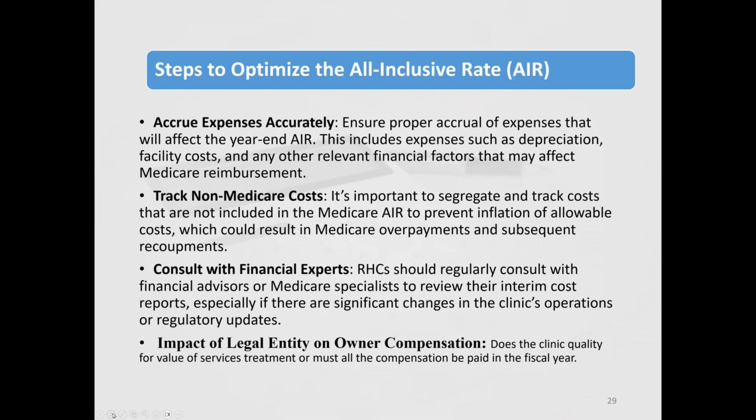So the typical rules are for an owner of the business, you have to liquidate that within 75 days if it's related to compensation. If you're somebody who's not related to the clinic, not an owner, then you have up to 1 year to liquidate that accrual.